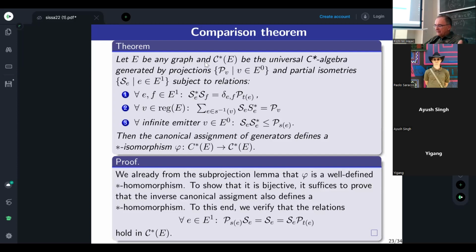Maybe I reversed the arrow. You have more relations on the side of the graph C*-algebra. Oh, okay, sorry, this phi should be in the opposite direction.